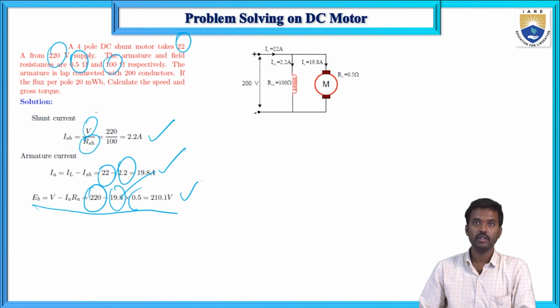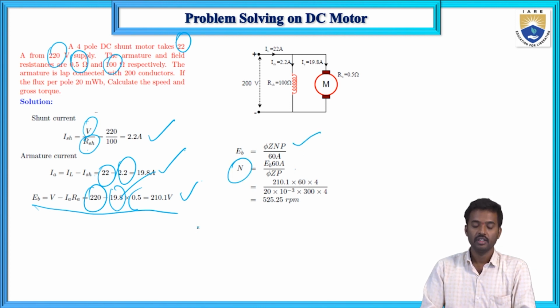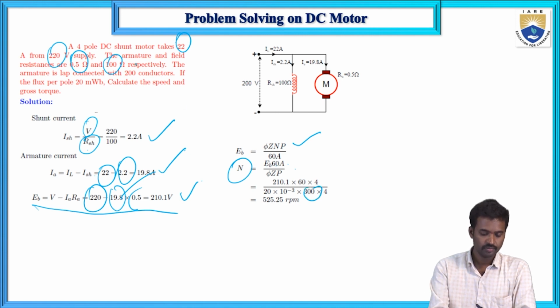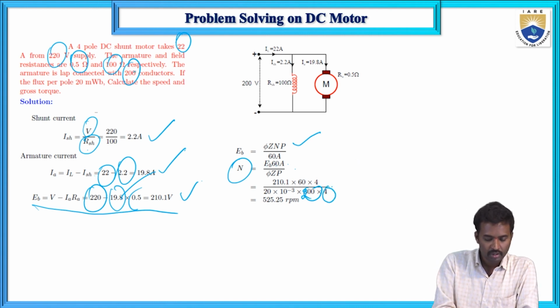This one is the diagram for the shunt motor, and EB equals Z n phi by 60 into P by A. From this you can calculate the speed of the motor. So phi value is given, 20. If you separate the speed, N equals EB 60 A by phi Z P. Z, number of conductors, is 200 conductors, and the number of parallel paths is not mentioned.